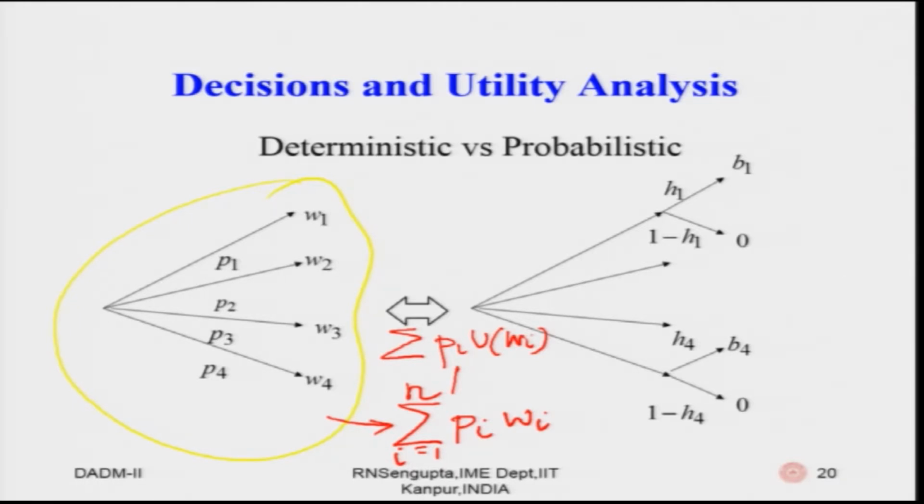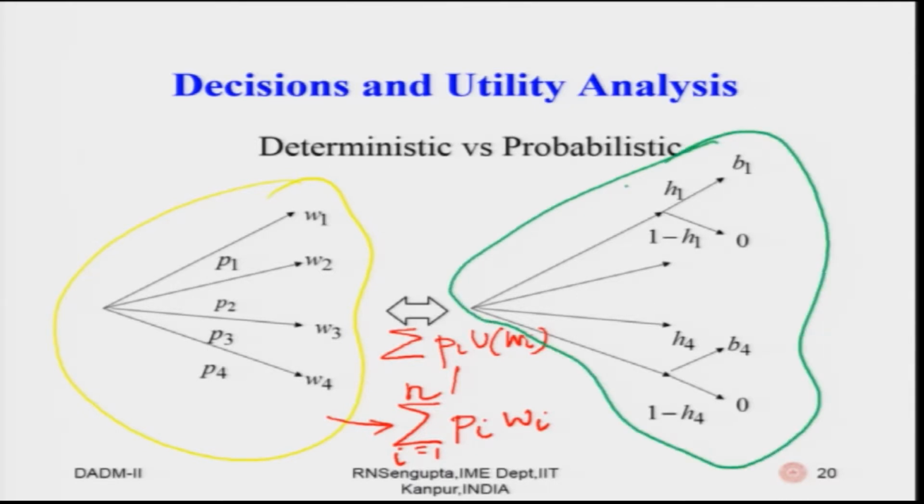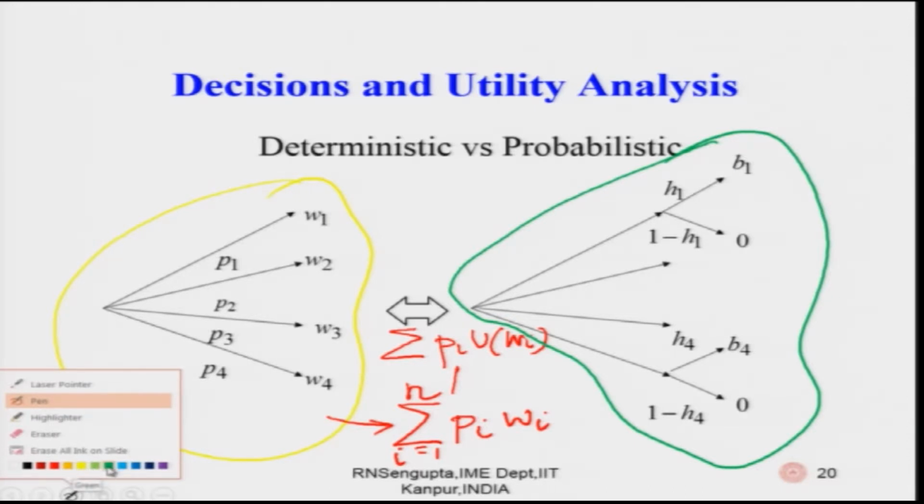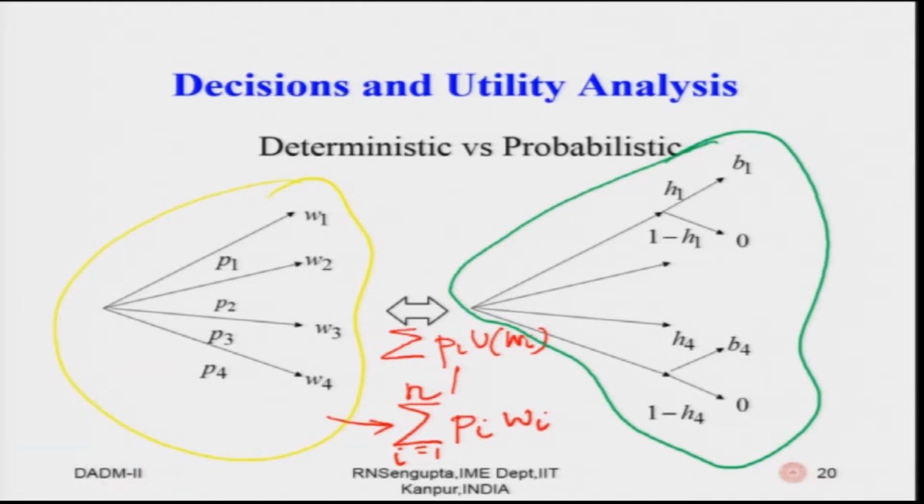Now, if you consider the diagram on the right, so what you are doing is this, I will use the blue one, yes. What you are doing is that for each of the values of W1, we are replacing them with a fair gamble, in the sense W1 can be replaced by two probabilistic outcomes, with probabilities H1 and 1 minus H1, and the values being B1 and 0.